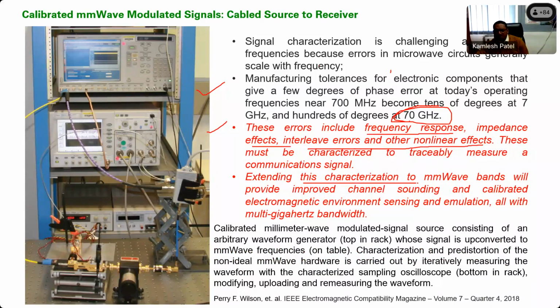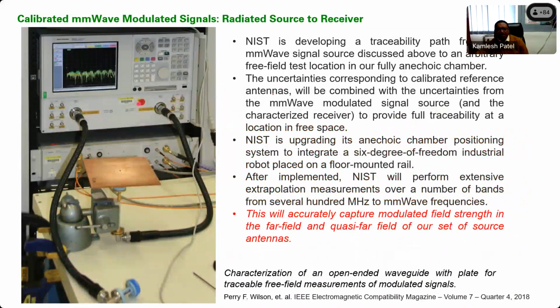Extending this characterization to the millimeter wave band will also provide improved channel sounding, calibrated electromagnetic environment sensing, and simulations. So this kind of setup can be extended for frequencies higher than 70 gigahertz.